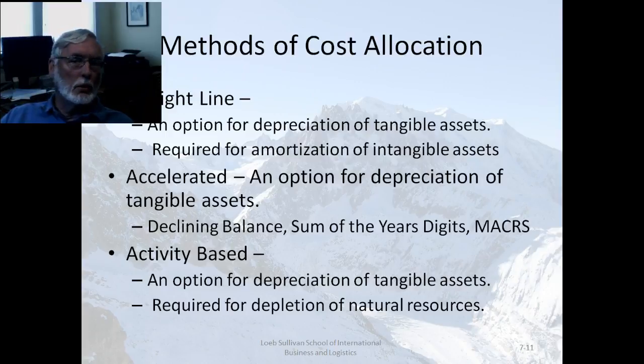Should we use a straight line method to allocate our tangible assets? Should we use an accelerated method, or should we use an activity-based method? All of them are valid. All of them are acceptable for generally accepted accounting principles.